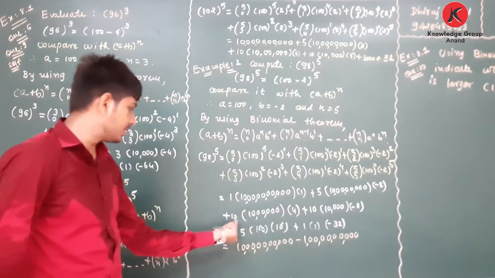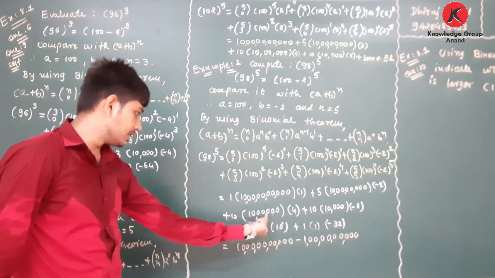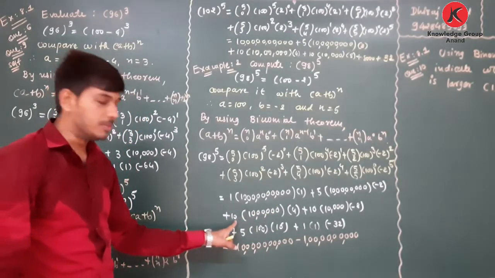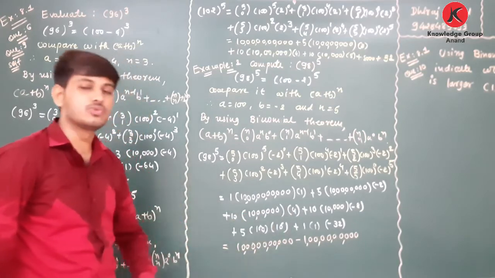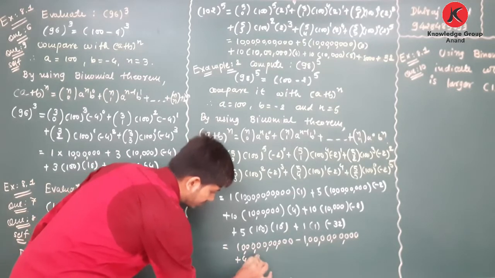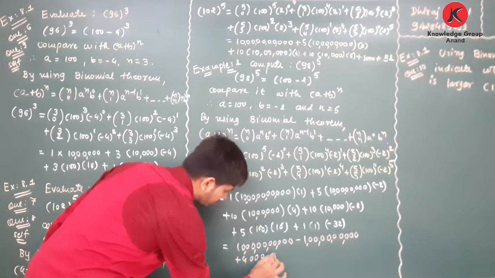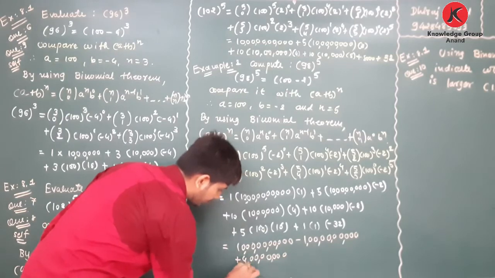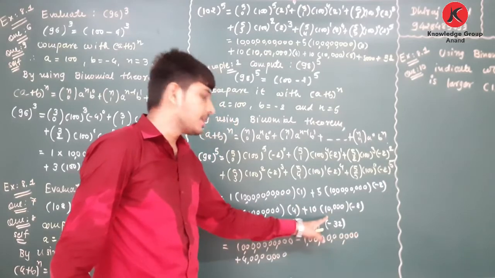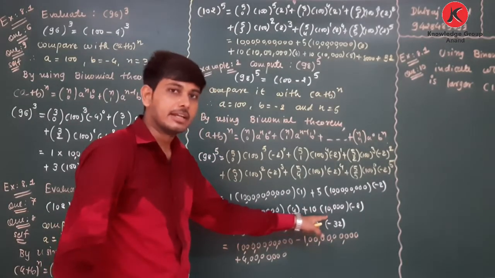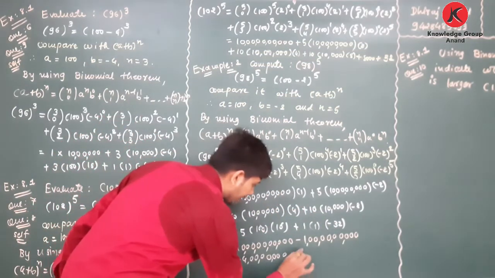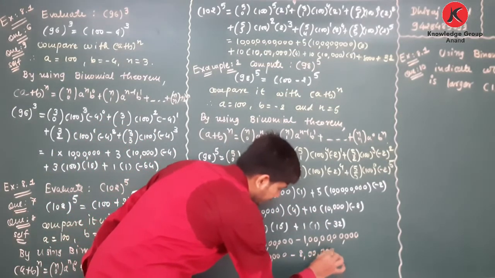Then 10 into 4, 40. Into this thing we are getting 6 zeros, 1 zero will be added, therefore 7 zeros, that means 4 followed by 7 zeros. Next, 10 into 8, minus 80, into 10,000, 1 zero will be added, that means minus 8 lakh.